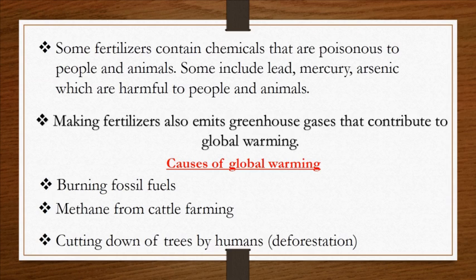These metals can build up in vegetables that grow on heavily fertilized land. So this is another negative impact of fertilizers.